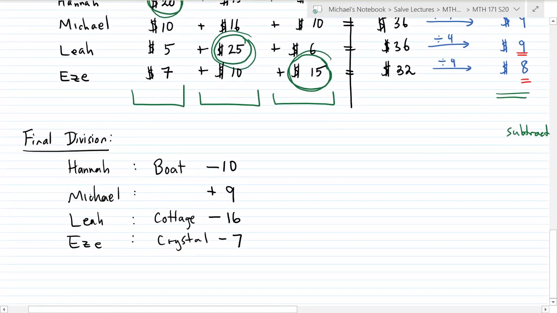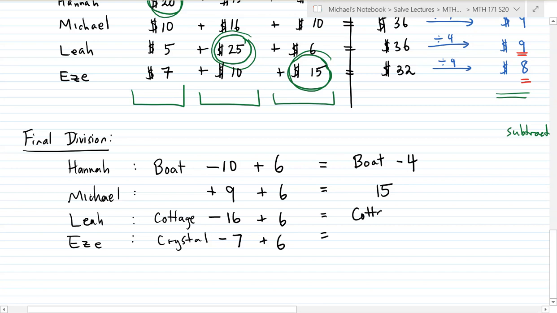And so going back here, we'll just add on that $6,000 for each person, which gives final totals of Hannah getting the boat and only paying $4,000, Michael getting $15,000, Leah getting the cottage and only paying $10,000, and Aze getting the crystal and only paying $1,000.